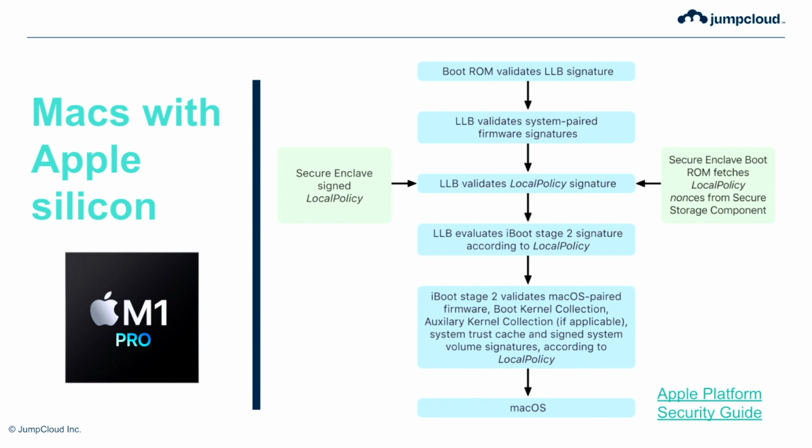This is the process for handling the boot of a Mac computer with Apple Silicon. The boot ROM validates the low-level bootloader signature, which in turn validates system-paired firmware signatures, and then we get to the local policy signature. Think of the local policy signature like the master boot instructions for your system.